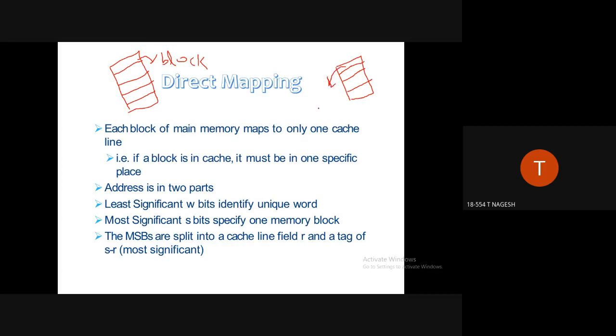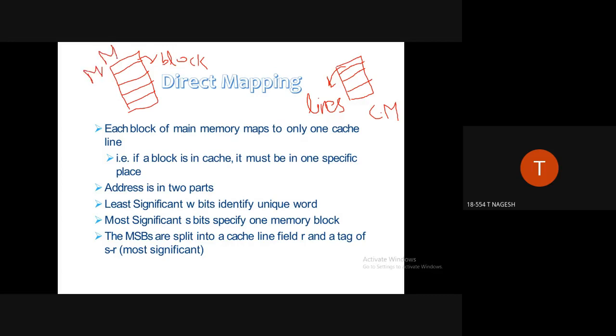These lines are called cache lines, whereas your main memory is divided into several blocks. So these are called main memory blocks, and these are called cache lines in the case of cache memory. This is in the case of main memory.